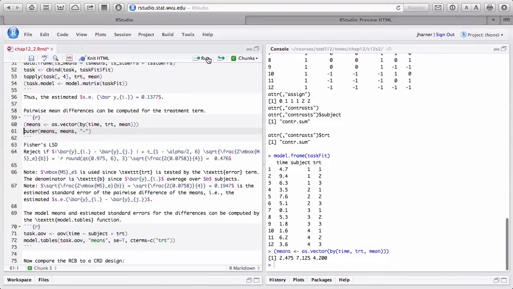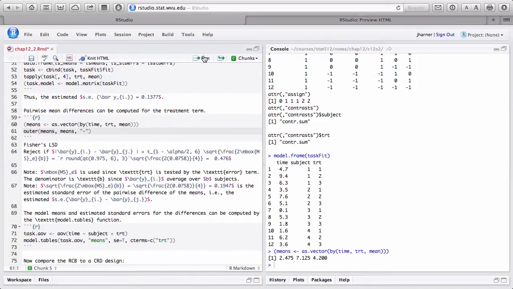If I compute those means, the outer product takes each mean with each other mean. So it actually creates, in this case, a 3 by 3 matrix. And I'm saying that I want a minus sign as the operator, so it's taking the differences of all possible means. So let me do that, and I'll show you what this does.